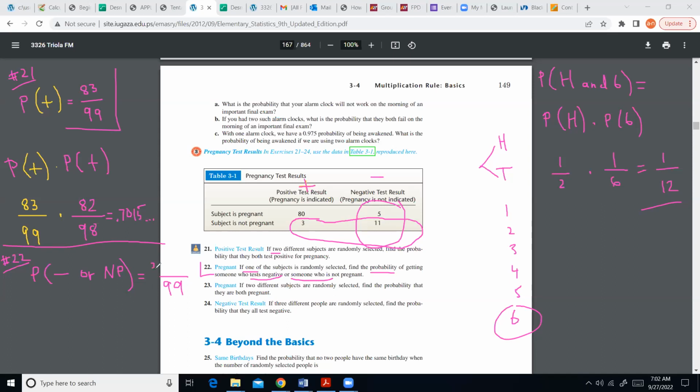So I have to put them all together, all of these numbers, 3 plus 11 plus 5, all of them go here, in the numerator of this fraction, so we end up with something that looks like 19 out of 99. So you can leave this as your answer.